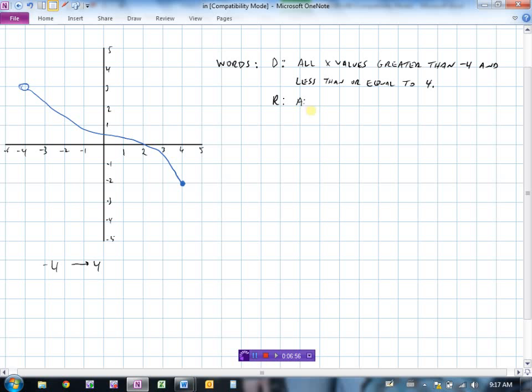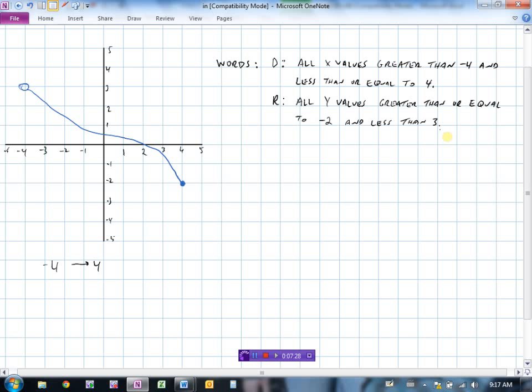So our range would be all y values, and we would say the y values need to be greater than or equal to -2 and less than, but not equal to, so just less than 3.